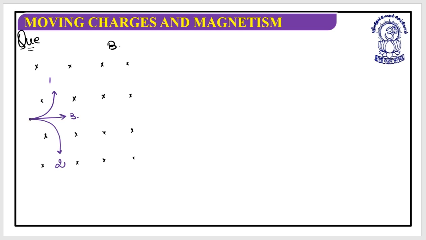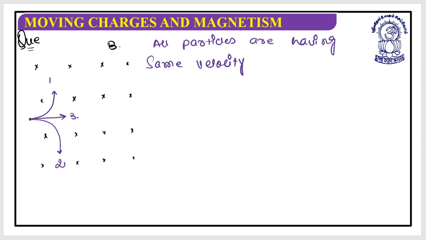Let's start working with this. Suppose all particles have the same velocity and they enter the magnetic field perpendicularly.